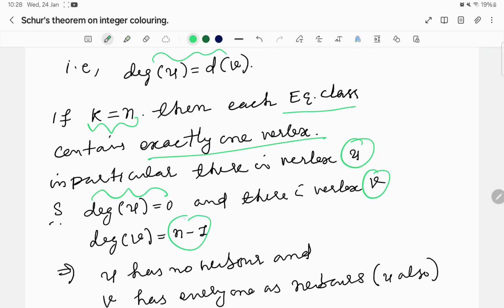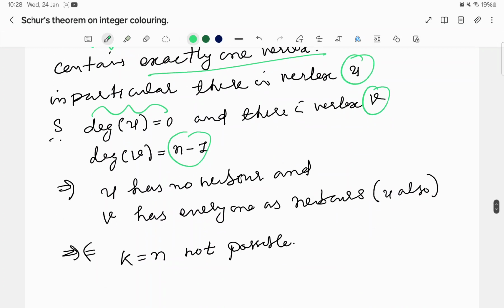But the problem is u has no neighbors. Degree of u equals 0 means u has no neighbors, but v has everyone as a neighbor, right? So that's a contradiction. If v has everyone as a neighbor, then v has to be a neighbor of u also, so the degree of u has to be at least 1, but that's a contradiction.